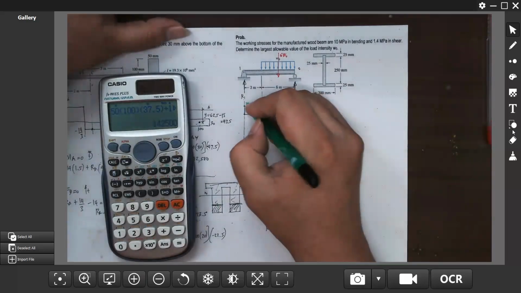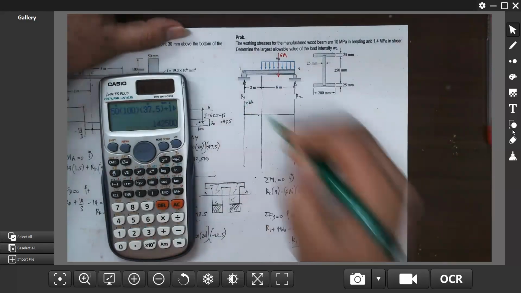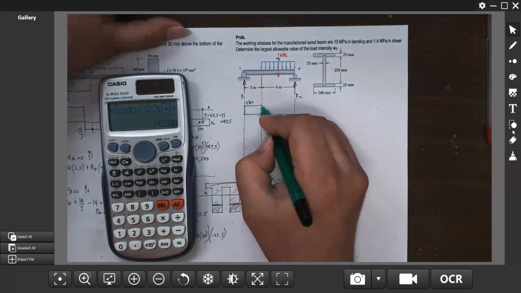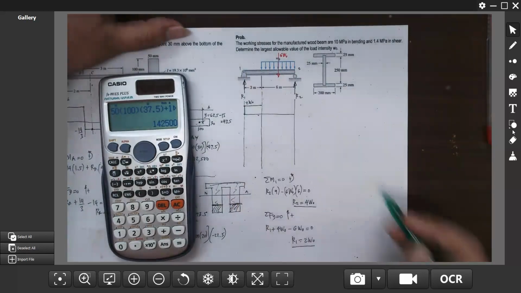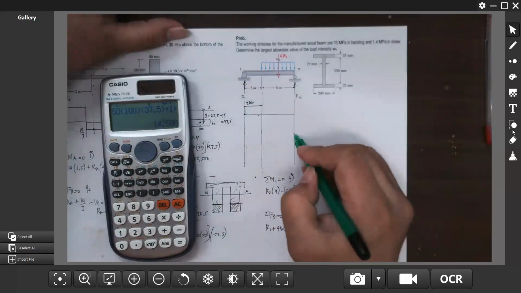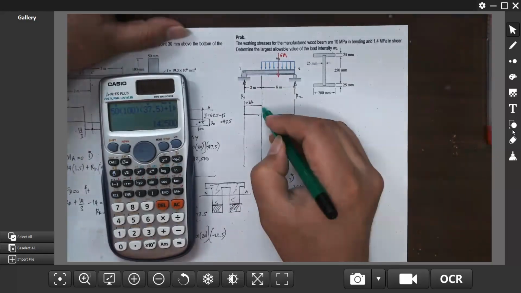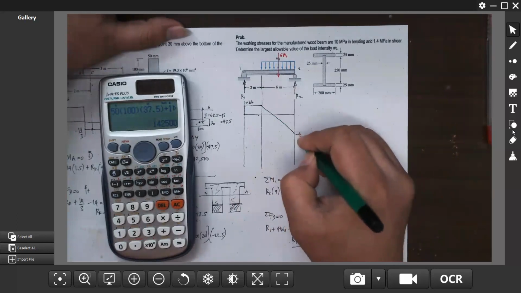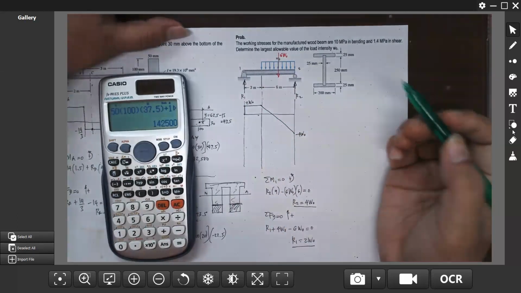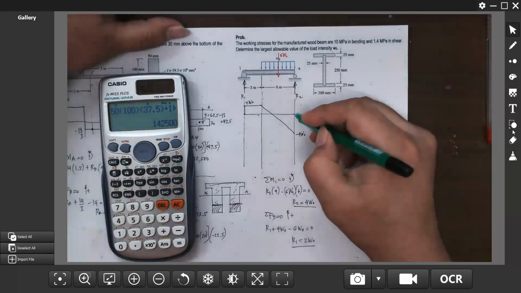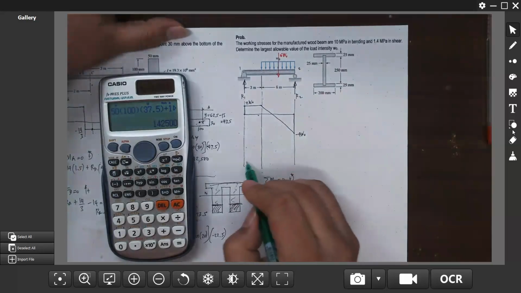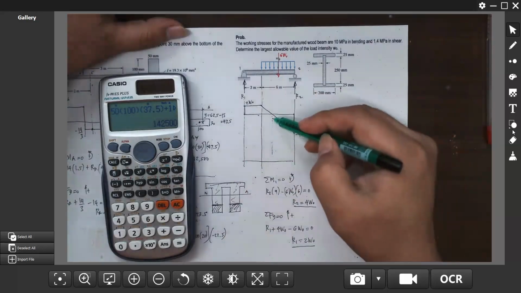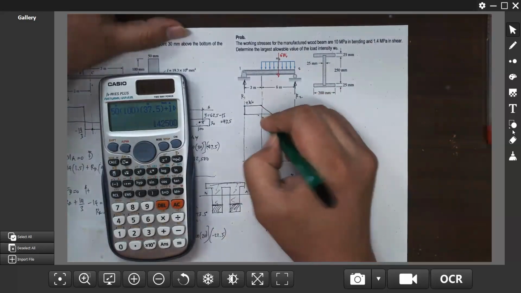So R1 is 2W sub O. No load, and then uniform load, then R2 is 4W sub O, and the moment.